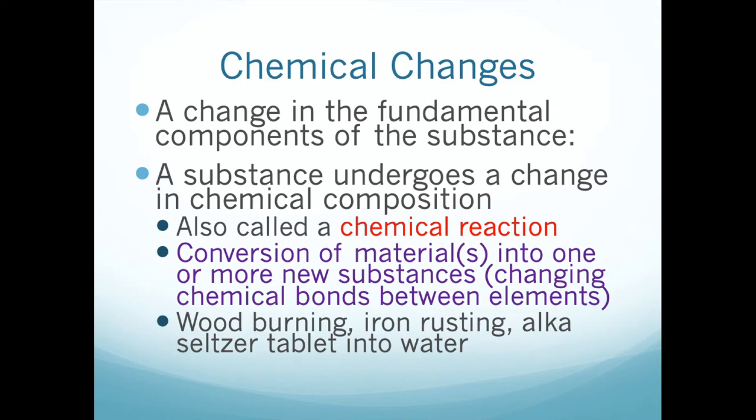So for example, I think I gave you an example of tearing a sheet of paper in half, and now both halves are still paper. That's a physical change. Well, what if I set that paper on fire? When I'm done, I only have ash left. That ash is different than the paper I started with, right?